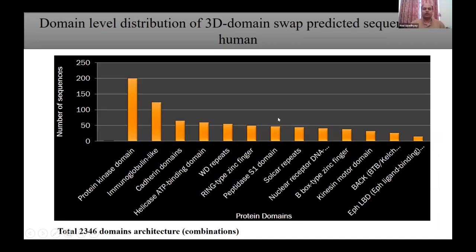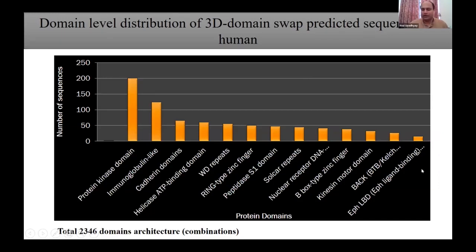Right. So once we got the domain swap cases, let's say 57% of the proteins were predicted as involved in domain swapping with an accuracy of around 85%. We wanted to see what kind of protein sequences these are in terms of what domains they are, or what domain architecture is present in them, so that we can have an idea about the functional aspect of these proteins. And then we found that most of the domain swap cases were in protein kinase domain or immunoglobulin-like proteins.